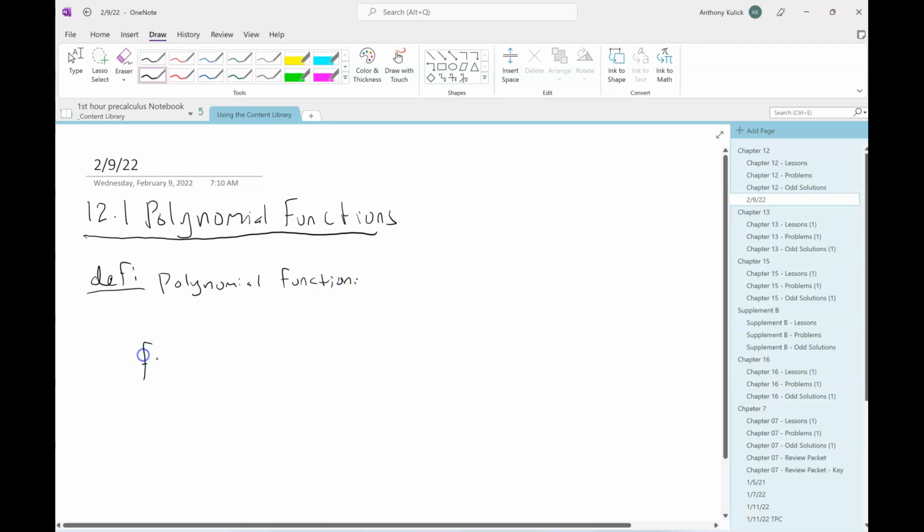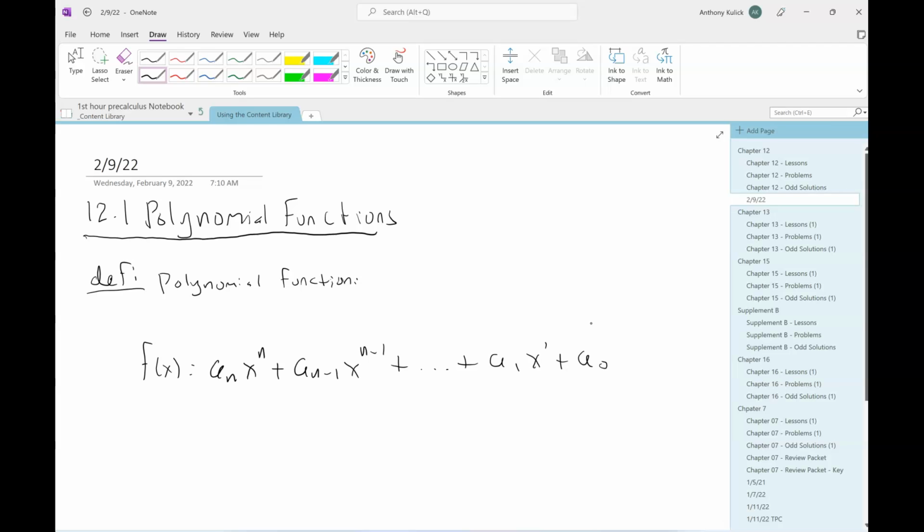A polynomial function is of the form a sub n times x to the n, plus a sub n minus 1 times x to the n minus 1, all the way down to a sub 1 x to the first plus a sub 0.